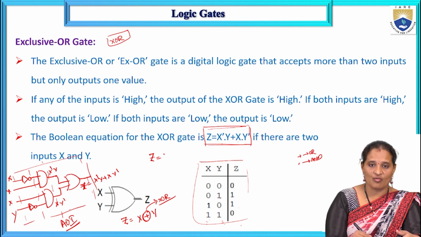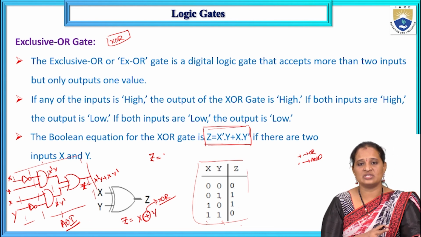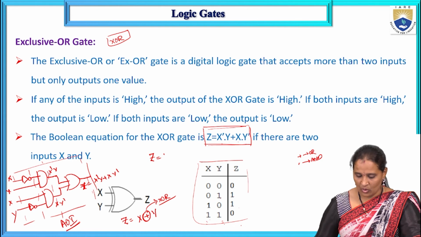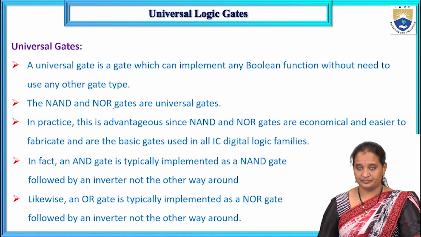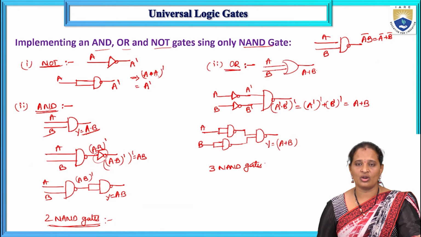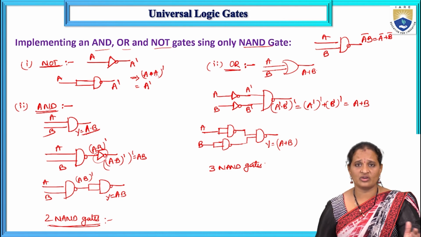This multi-level AOI circuit can be implemented using NAND or NOR with some procedural steps, which I will be discussing in multi-level NAND or NOR realization. So this is about logic gates and universal logic gates, why NAND and NOR are said to be universal logic gates, and how we can implement AND or invert using NAND and NOR gates. That is what we have seen.